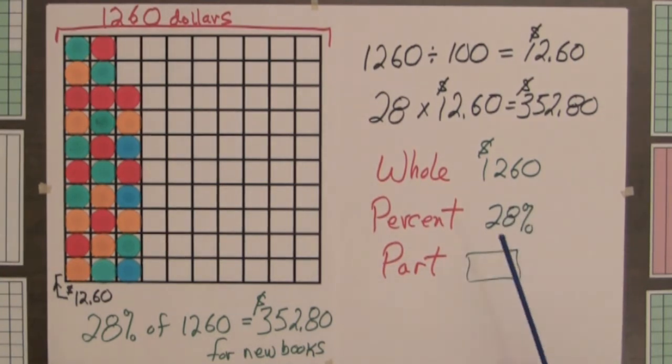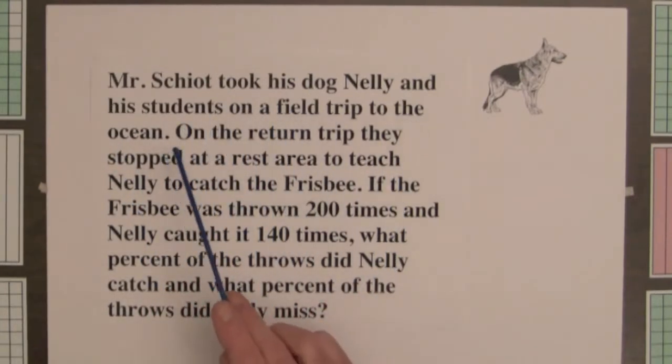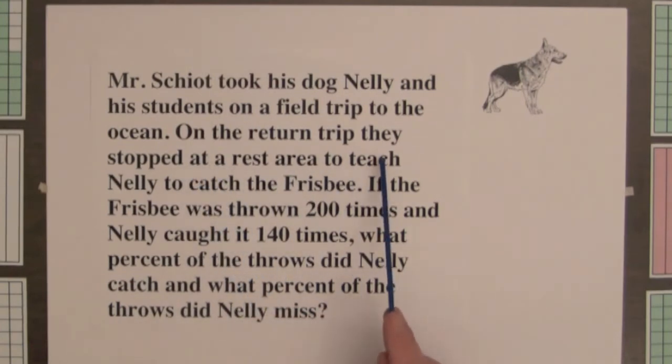In the next problem, we'll be given the whole and the part, and we'll find the percent. Mr. Chiat took his dog Nellie and his students on a field trip to the ocean. On the return trip, they stopped at a rest area to teach Nellie to catch the frisbee. If the frisbee was thrown 200 times and Nellie caught it 140 times, what percent of the throws did Nellie catch, and what percent of the throws did Nellie miss?